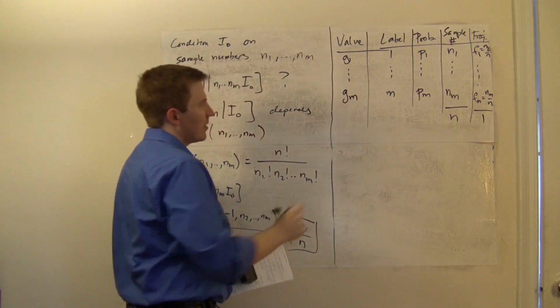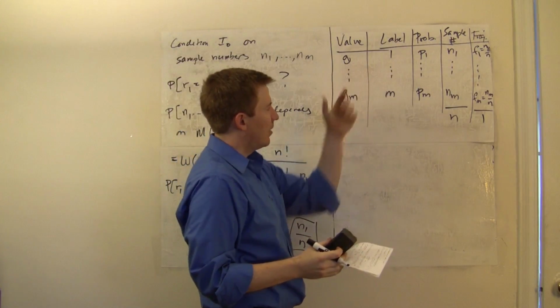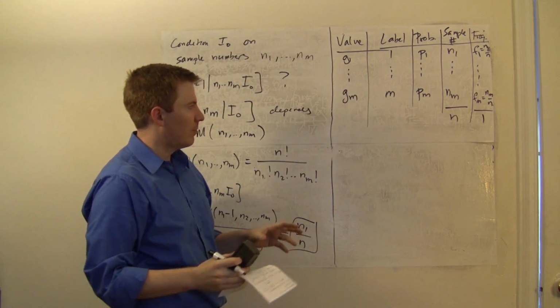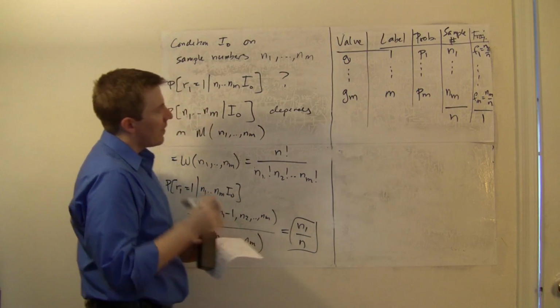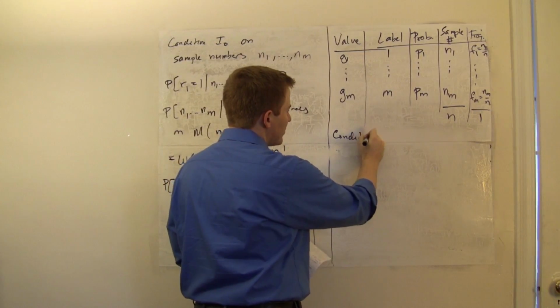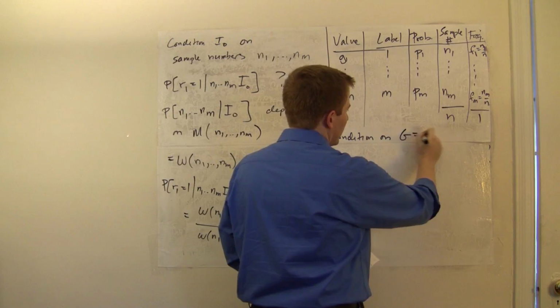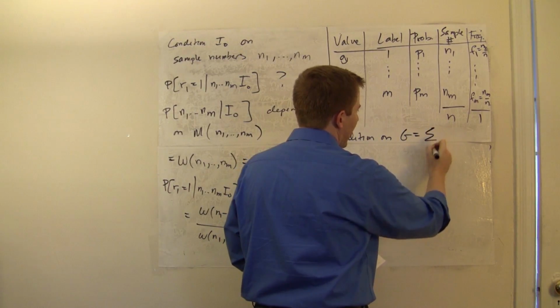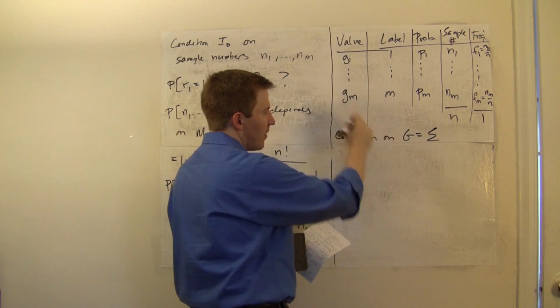So this could be like the amount of money that you win if state J comes up, or whatever it is. So now, instead of conditioning on the actual sample numbers, let's see what happens if we condition on the total G, which we'll define as the sum total over the experiments of all the values.